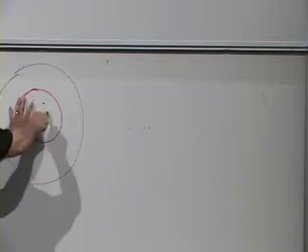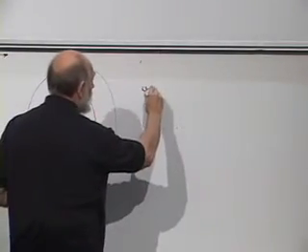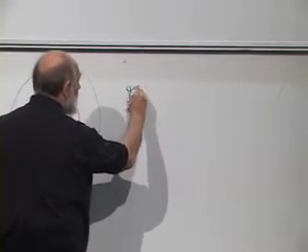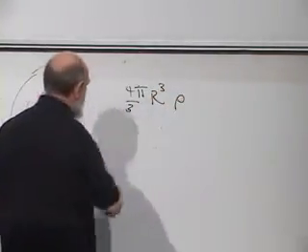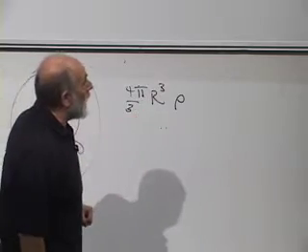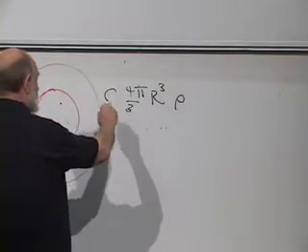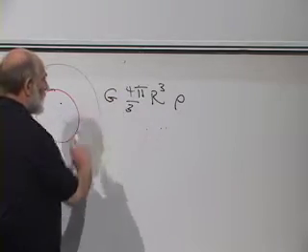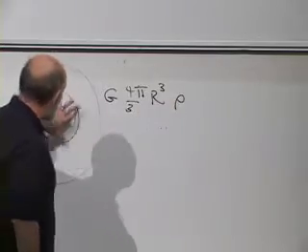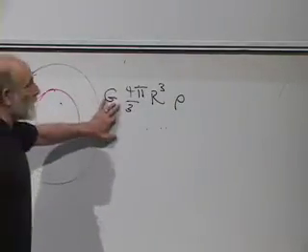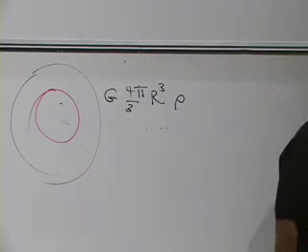All right, so one side of the equation is the mass within that sphere. That's 4/3 pi r cubed times the density, rho. Well, we also have to throw in a G. So 4/3 pi r cubed times rho is the mass within that sphere, and we multiply it by G. That's one side of Gauss's equation.